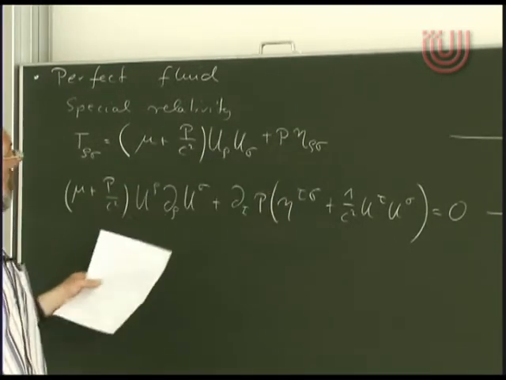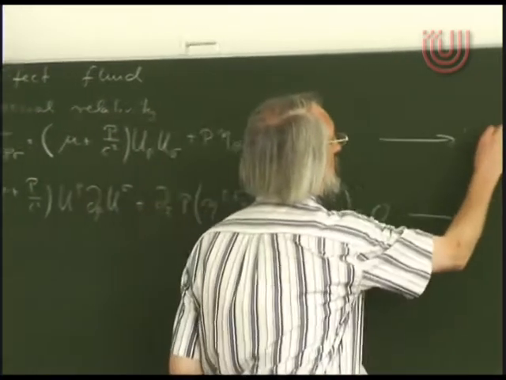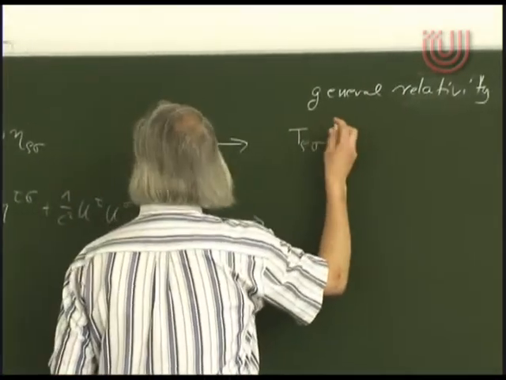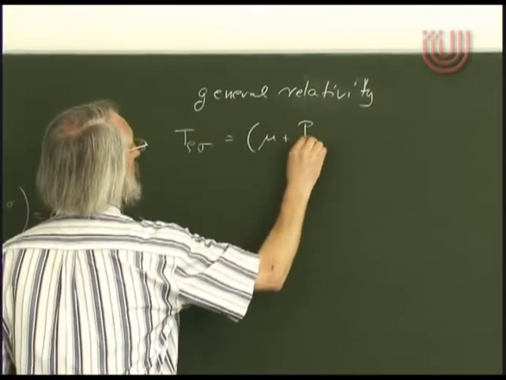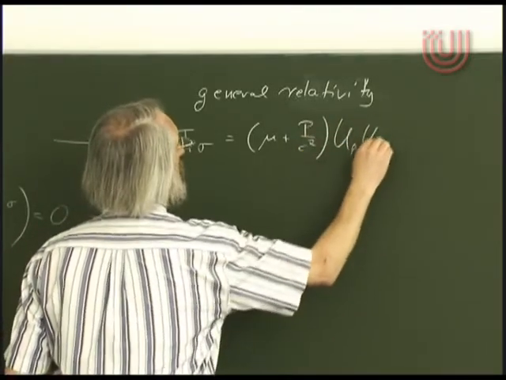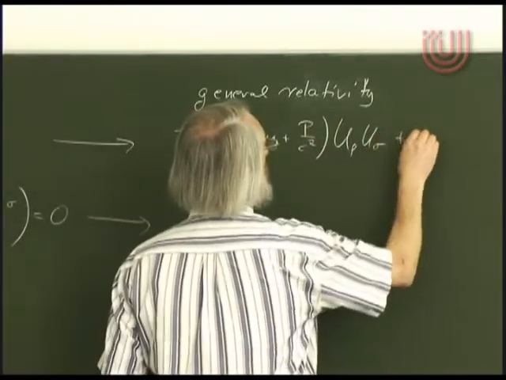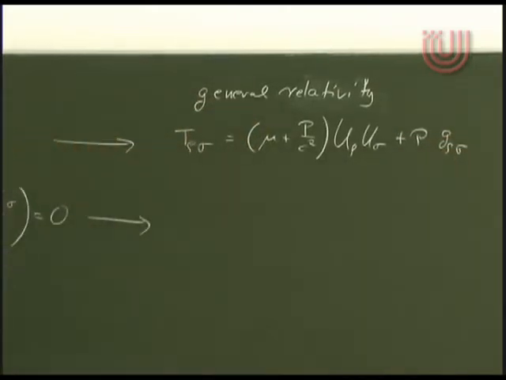Replace the etas with g, and replace the partial derivative with covariant derivatives. So we get an energy momentum tensor for a perfect fluid as (mu plus p over c squared) u rho u sigma plus p, and now the metric g rho sigma, the space-time metric in arbitrary coordinates.